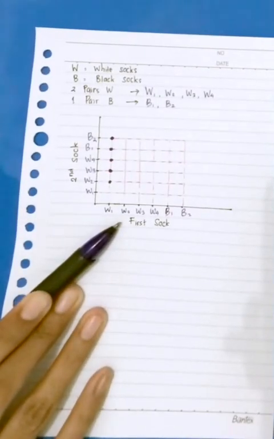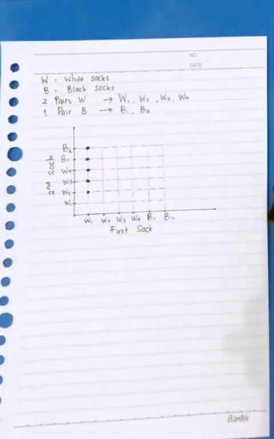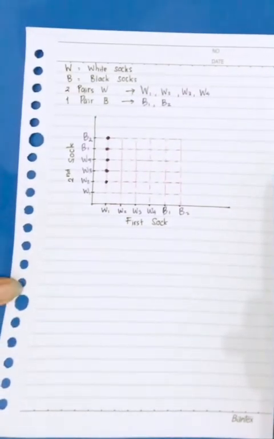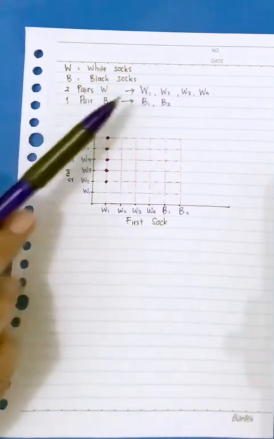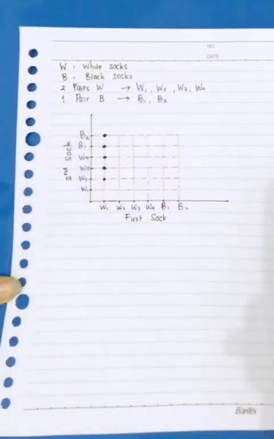If we already take W2 as the first sock, is it possible to get W2? No, right? Or we can just conclude that we cannot get the same sock for the first and the second one, because we just have one W1, W2, W3, and W4. The same with B1 and B2.